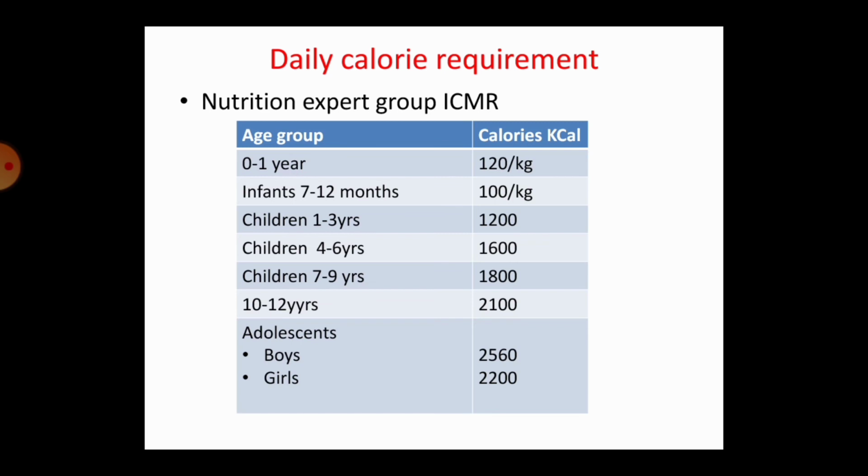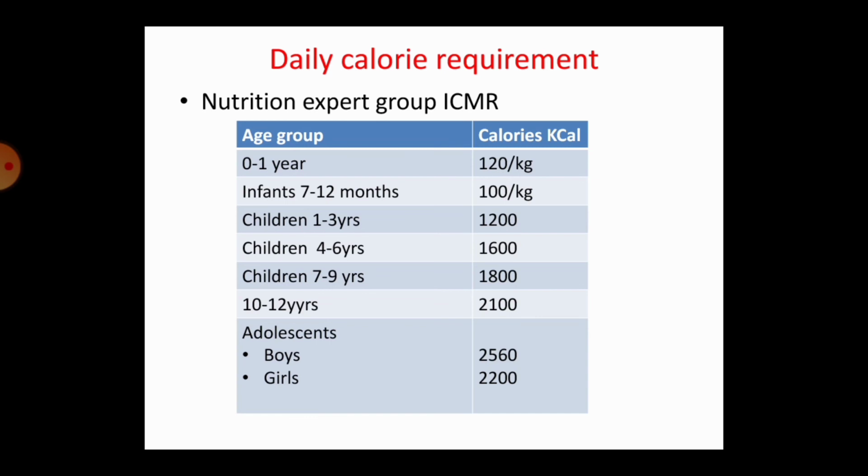So 0 to 1 year need 120 kilocalories per kg. For infants up to 12 months, 100 kilocalories per kg. For children 1 to 3 years, 1200 kilocalories they need. Children 4 to 6 years, 1600 kilocalories. Children 7 to 9 years.